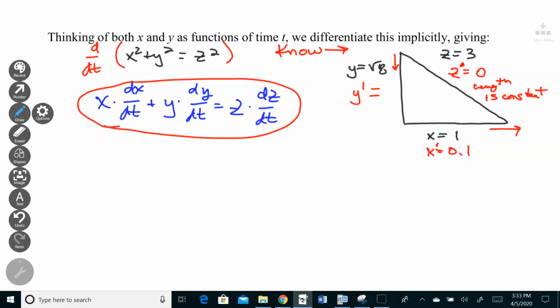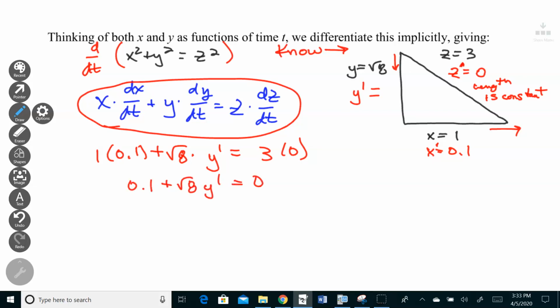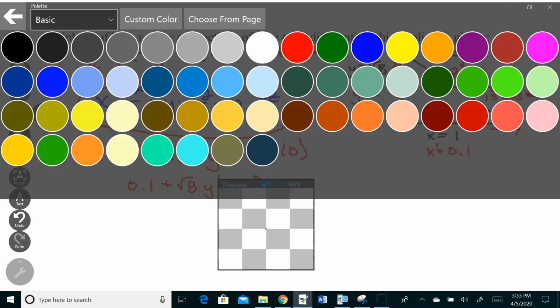Let me plug them in. 1 times 0.1 plus radical 8 times y prime is equal to 3 times 0. Well, I get 0.1 plus radical 8 y prime is equal to 0. I'm going to subtract it over.